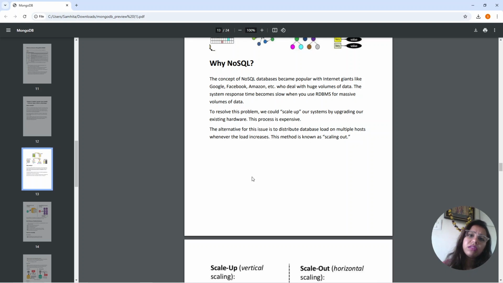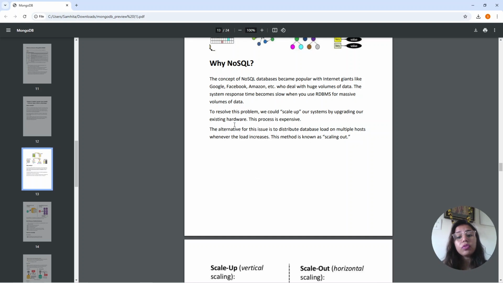So very famous companies like Google, Facebook, Amazon, everybody is now using NoSQL. It has become so popular with internet giants like Google, Facebook, Amazon. They are using a huge volume of data, and for that huge volume of data they are using NoSQL.